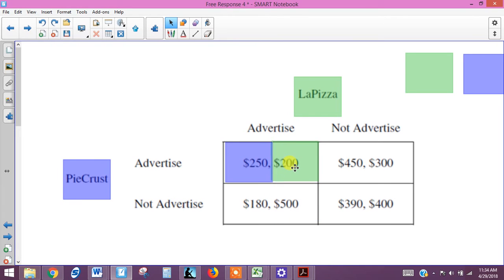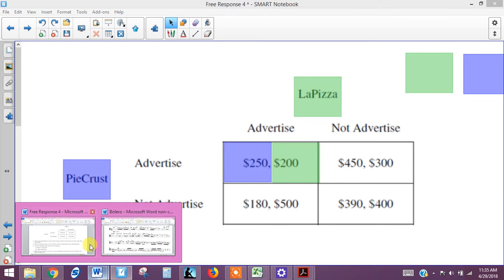So the two choices Pie Crust has are either to advertise and get a profit of 250, or not and get a profit of 180. They're obviously going to go here, which is not good for La Pizza, but Pie Crust is responding to what La Pizza is doing.